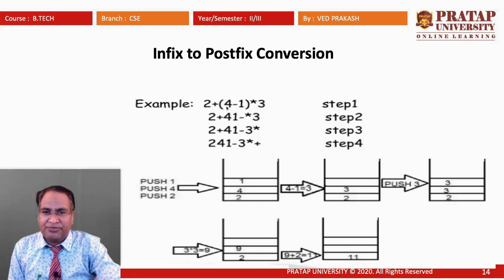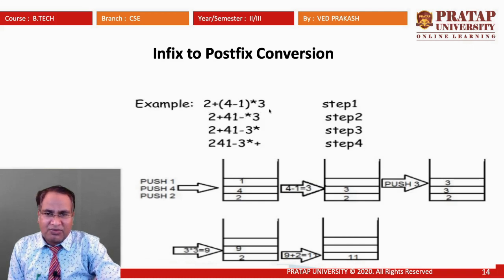This expression is denoted here in infix notation. Our aim is to convert this infix notation into the postfix notation, and we have told you that in the postfix notation the operator is put after the operands. Okay. So, when we solve this type of expression, first we have to consider the precedence.